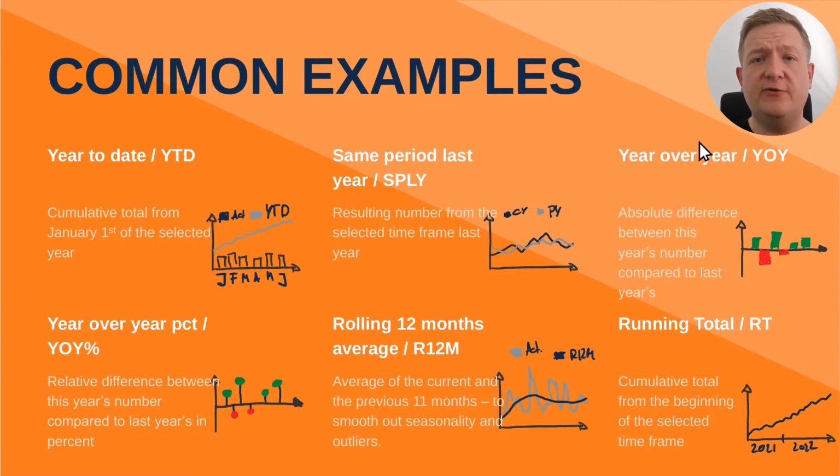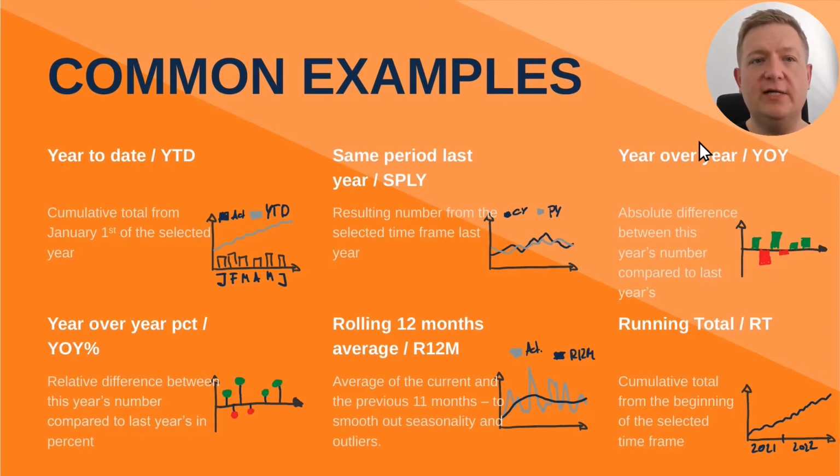This is important if you have a big variety in sizes of product categories, for example, or countries. If you have a large variation between those, looking at the percentages makes it much more visible than looking at absolute numbers. Speaking of big variations, this brings us to our fifth example, rolling 12 months.